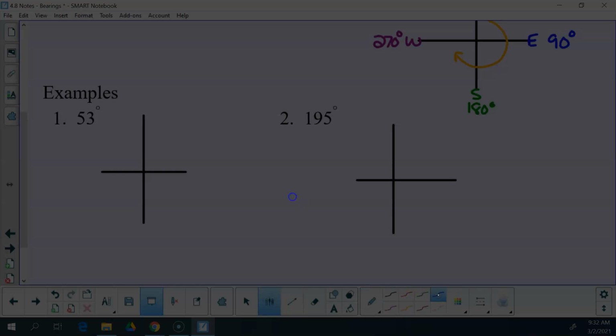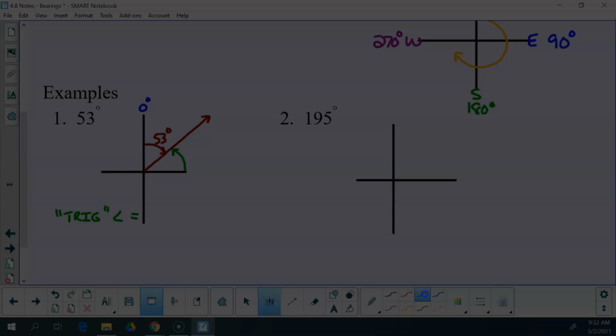I would say that for 53 degrees, I've got 0 here, and then 53 degrees would be right there. So in here, the quote-unquote trig angle that we would use would be this angle right there.